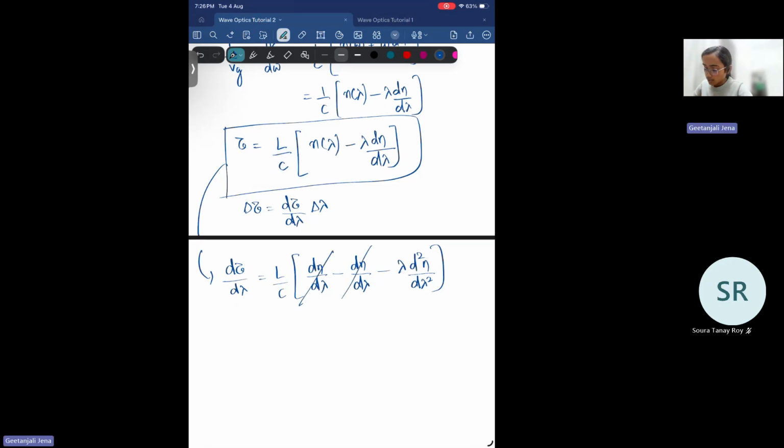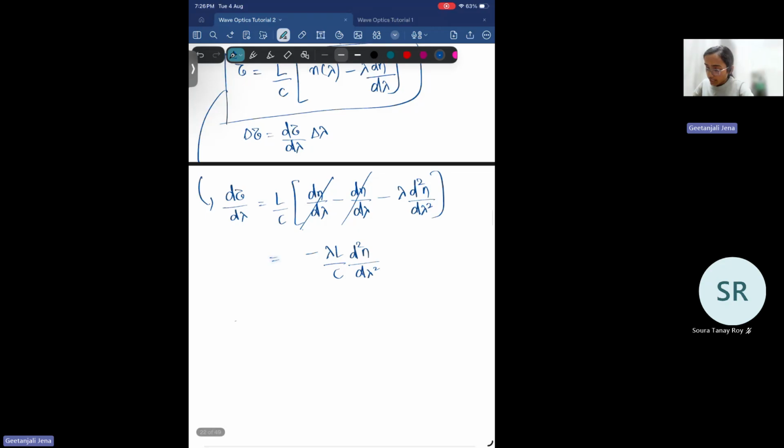So this term will cancel, and we have minus lambda L by c d square n over d lambda square.